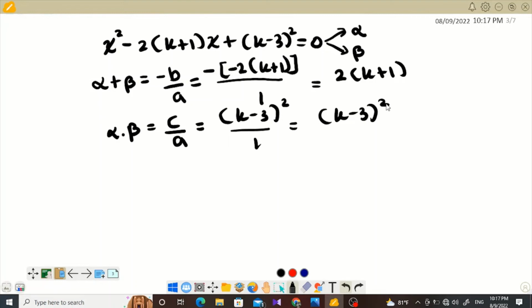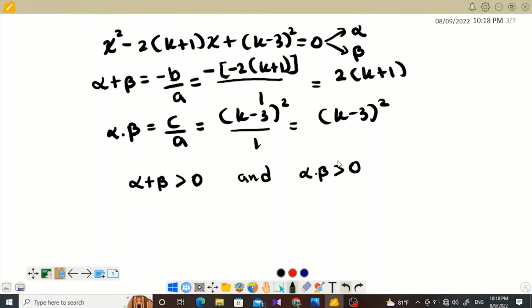Now I have to find the range of values for k for which alpha and beta are positive. We know that to find the k values, we must consider alpha plus beta greater than 0 and alpha dot beta greater than 0, because if the sum of roots is positive and the product of roots is positive, then we can say both roots are positive numbers.